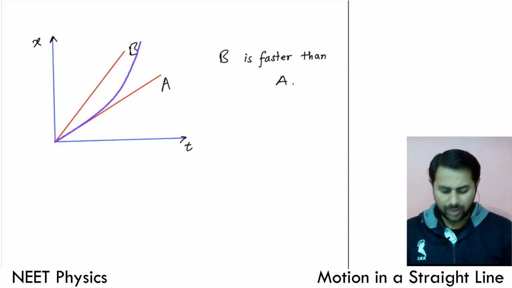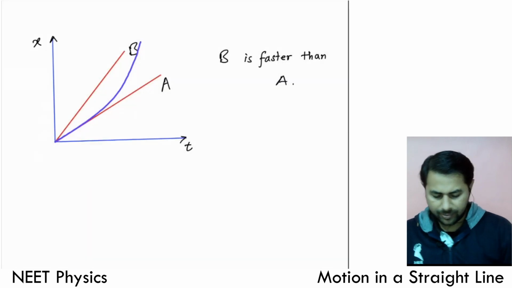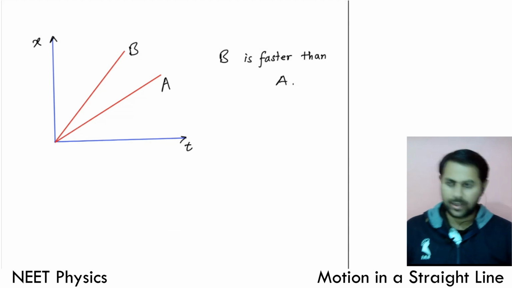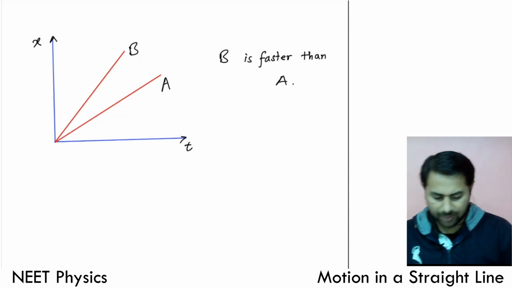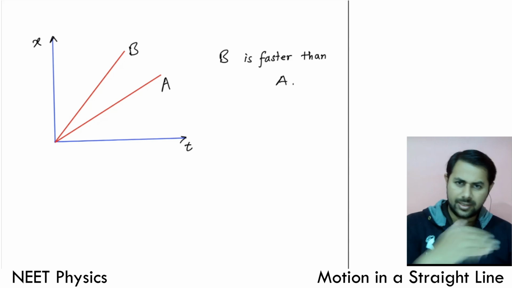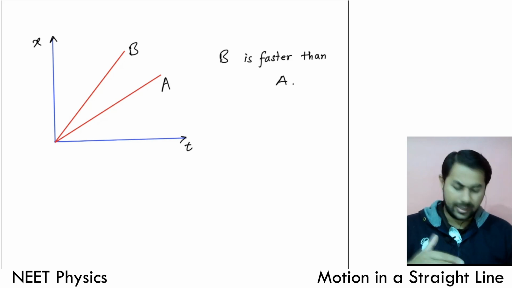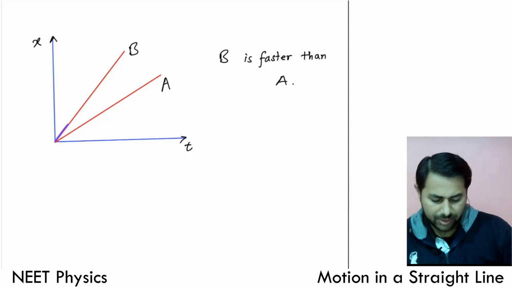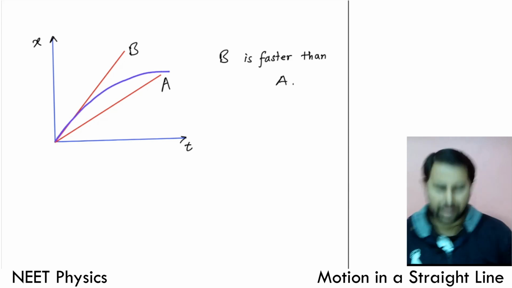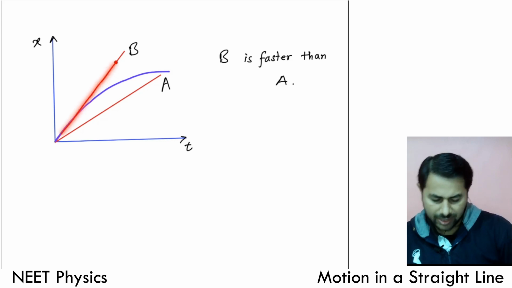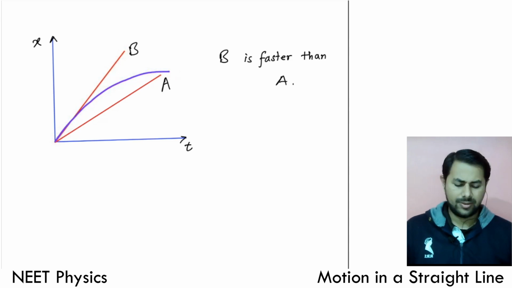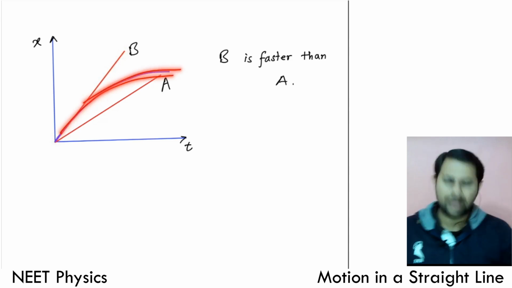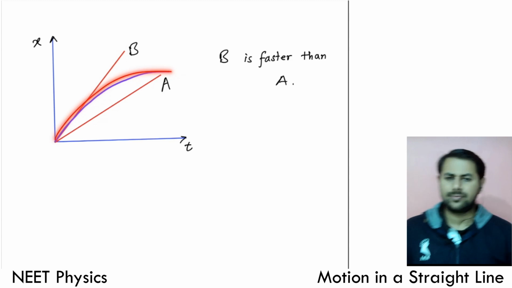On the contrary, suppose B wants to decrease its velocity. How will its position versus time graph look? B decreases its velocity, and its velocity at some time becomes equal to that of A. So the position versus time graph of B will start along this line of B and then tilt towards A. So this is the graph of retarded, decelerating motion.